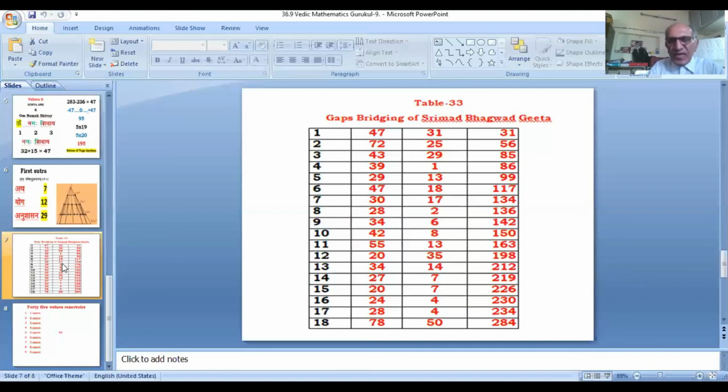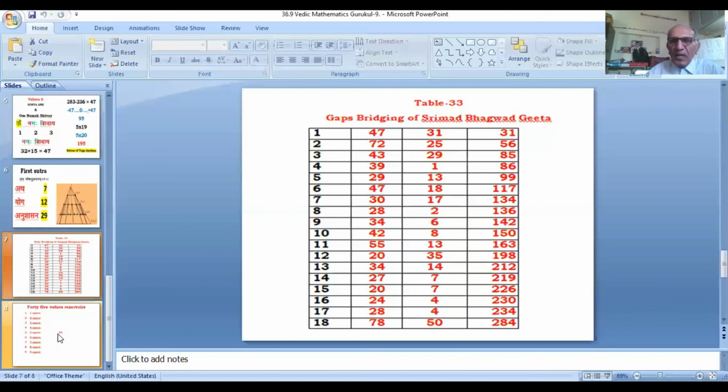It is this difference value of 47 and 72, 25, and 78 and 47, 31 in the last column will take us to the ultimate reach up to 284, which is one more than 283. This means the text of Srimad Bhagavad Gita is having mathematical bridging in repeated operations of the entire mathematical domain processes of Ganita Sutras, Ganita Upsutras.